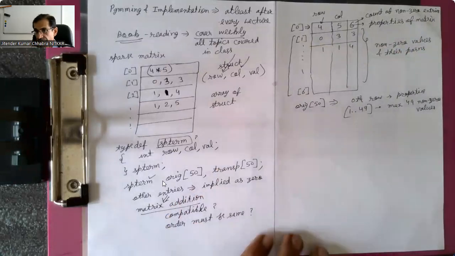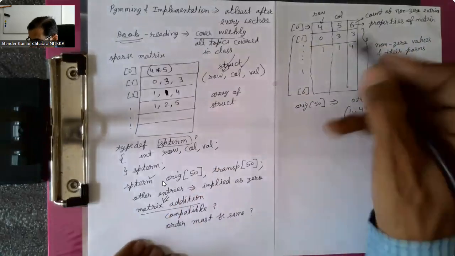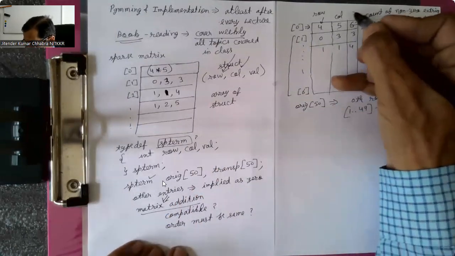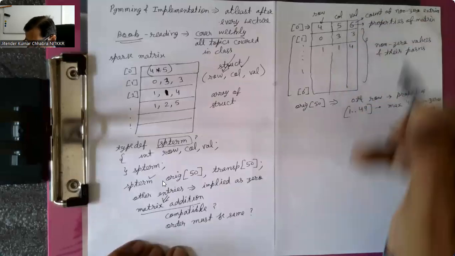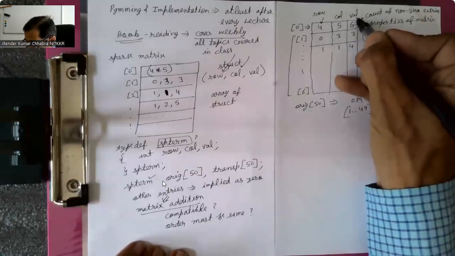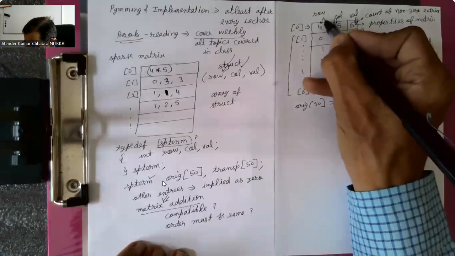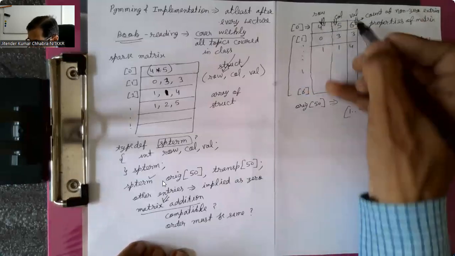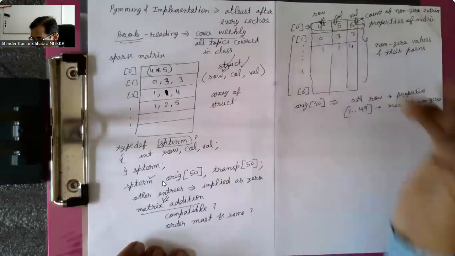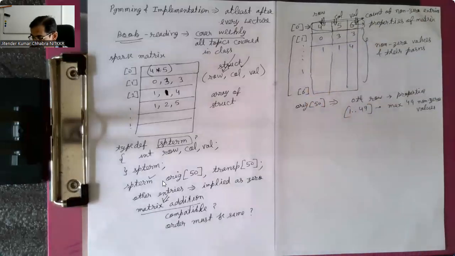So if I have declared it like this, the corresponding values are stored here. All corresponding column numbers for each value are stored, and this becomes special information within the same triplet, which I can use to store within the corresponding array of structures.